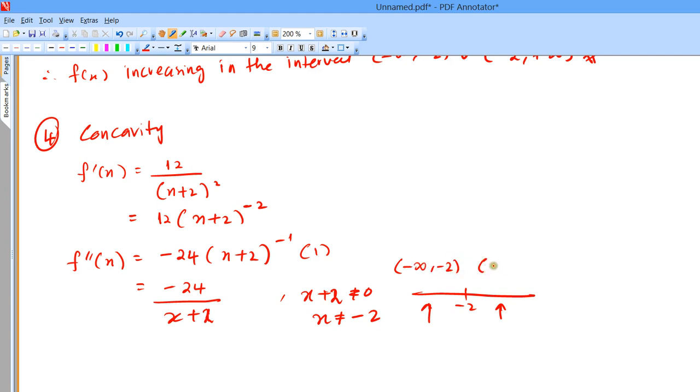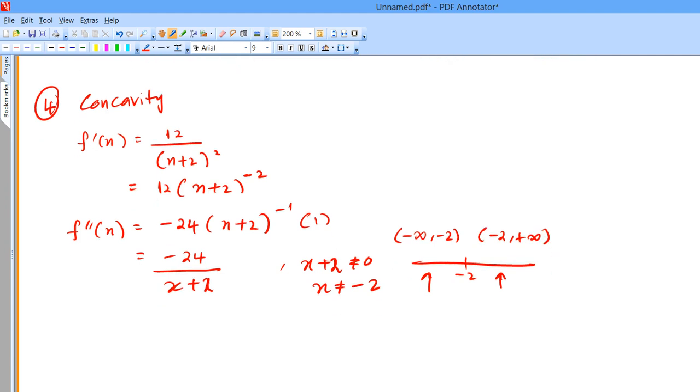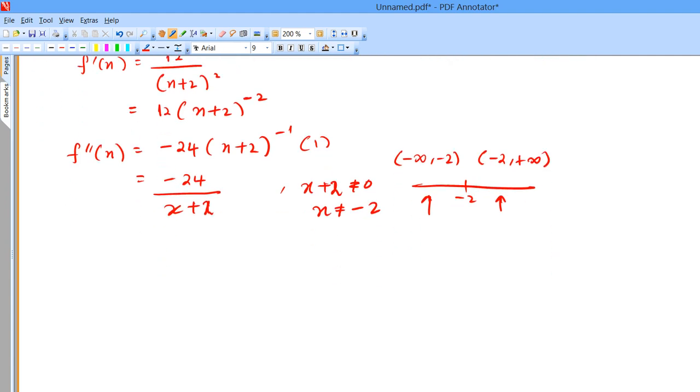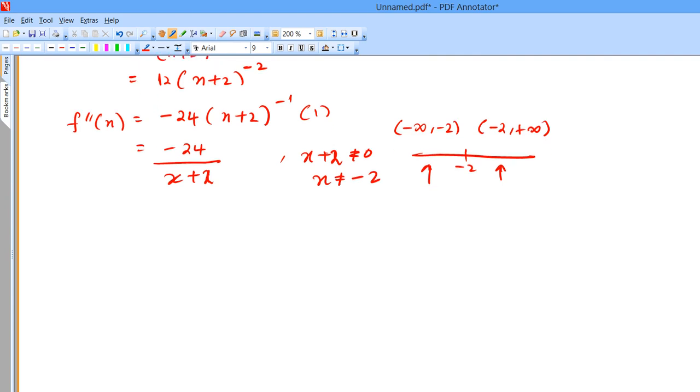The second interval starts from negative 2 to positive infinity. So the first column is interval, second column test value, third column sign of f double prime x equal to negative 24 over x plus 2, and the last column is conclusion.